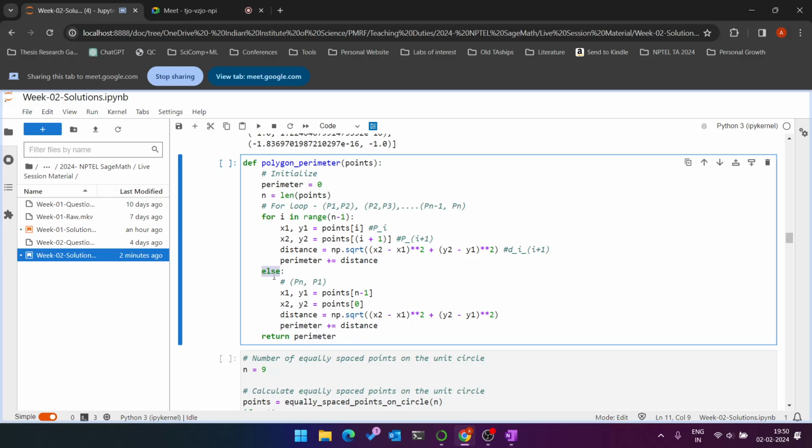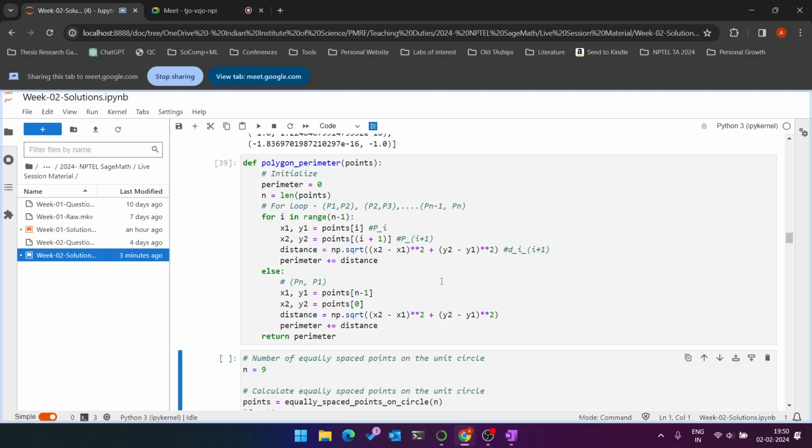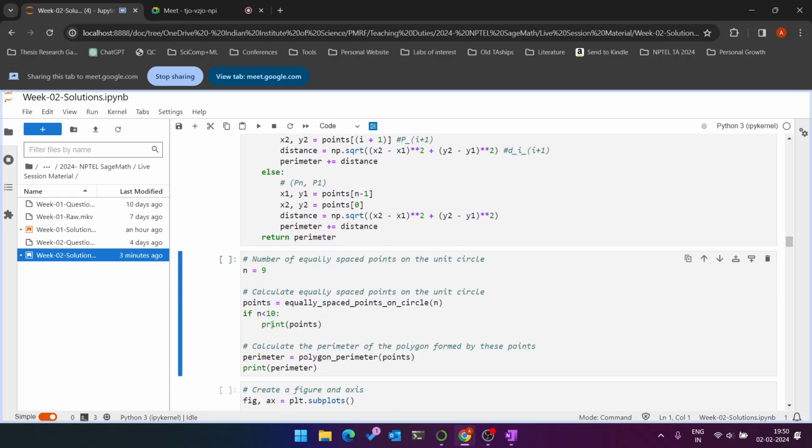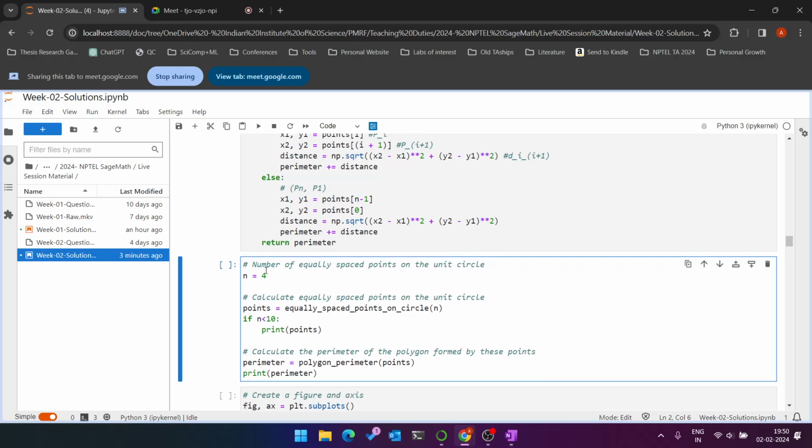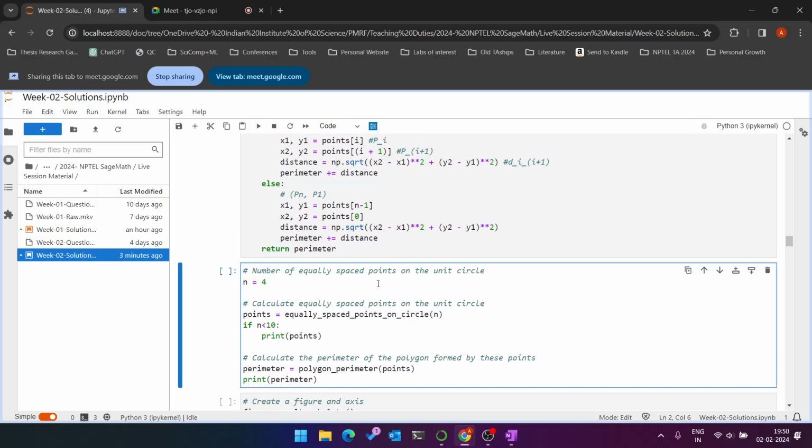If you recall, this else conditional will only be triggered when all the possible i values are cycled through by our for loop. So now I run this function polygon perimeter, and suppose I only have a four-sided polygon, which is, as we saw in the notes earlier also, basically a square rotated 45 degrees.